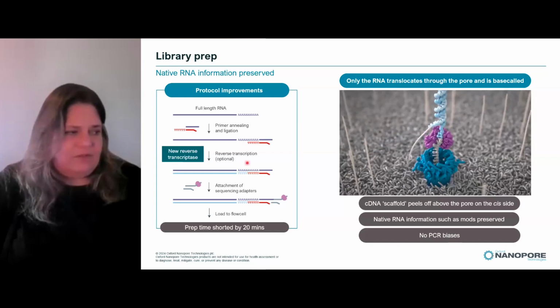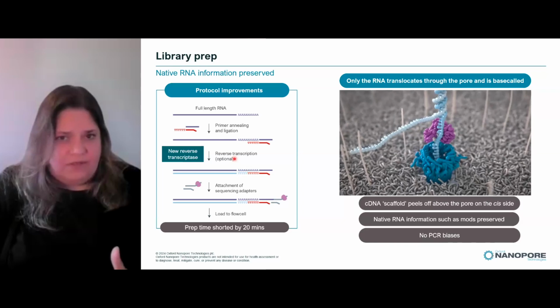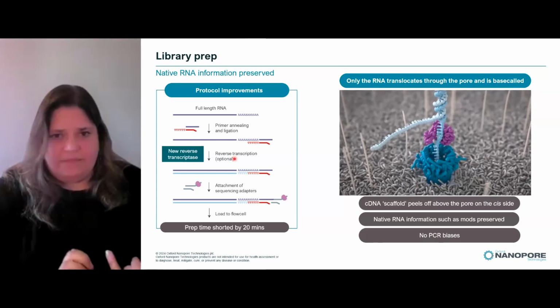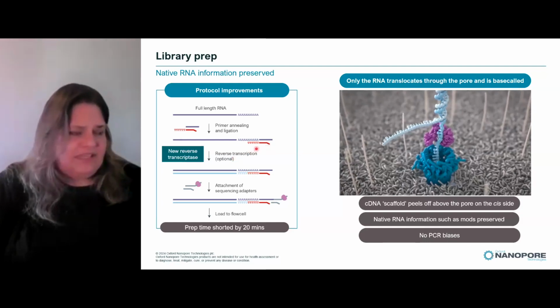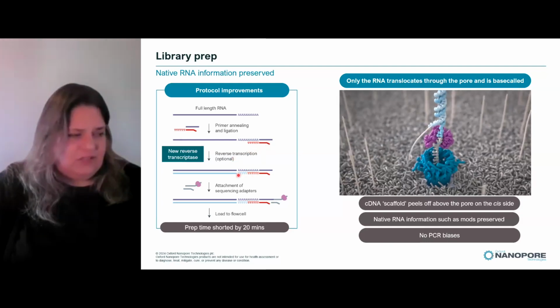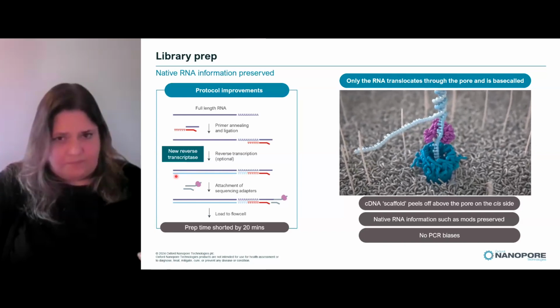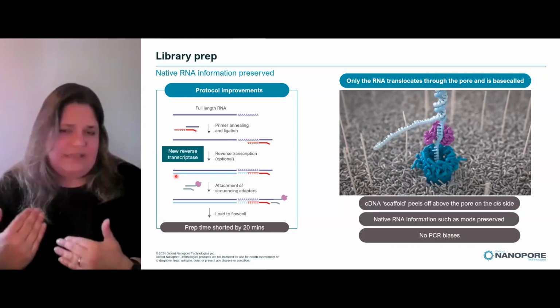So we have a reverse transcription step. We say that it's optional, but I would argue that it's worth doing because it helps increase the sequencing output at the end. The reason we have this step is that by generating that cDNA, it helps to remove secondary structure. So you're creating an RNA-DNA hybrid.